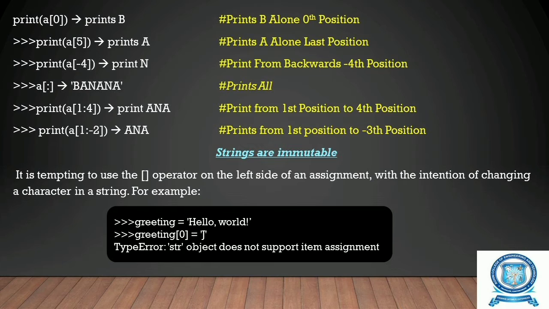Greeting of 0 is index position 0, and we are going to change it to J, but it will give a type error, because in the 0th position H is there and we are trying to change that H to J. It could not change because strings are immutable. It gives the type error: str object does not support item assignment.